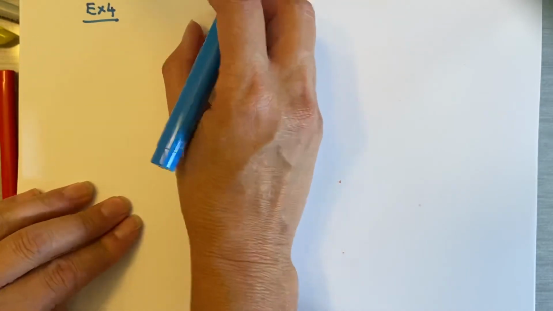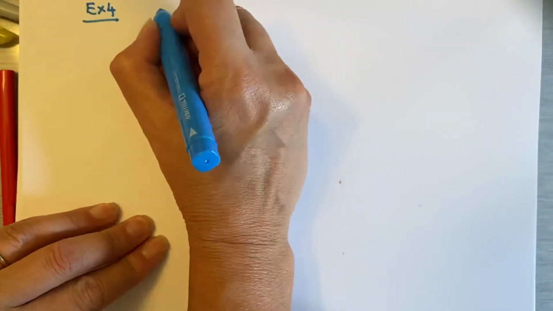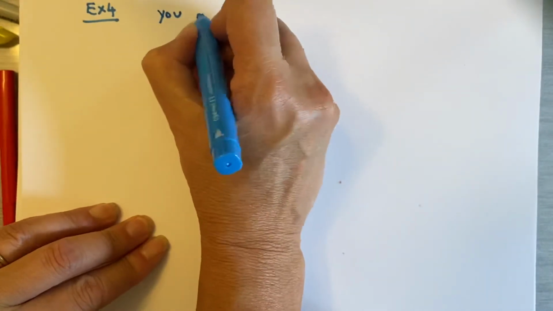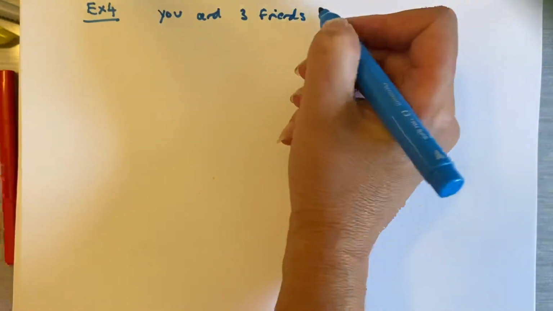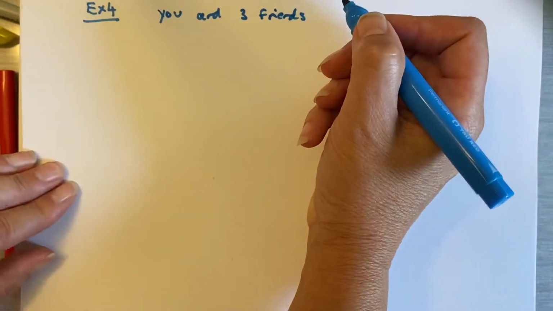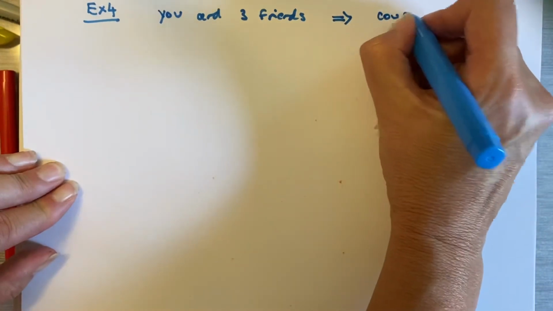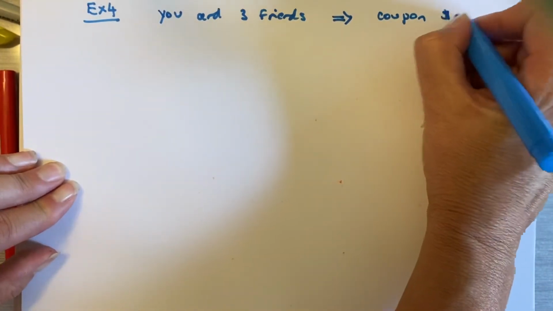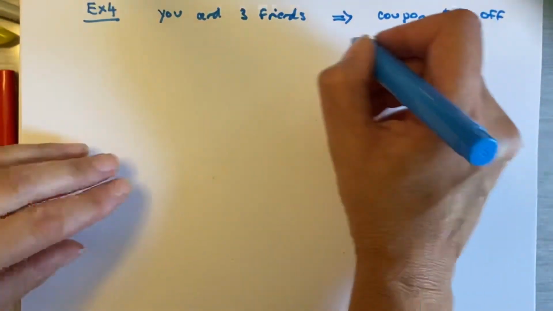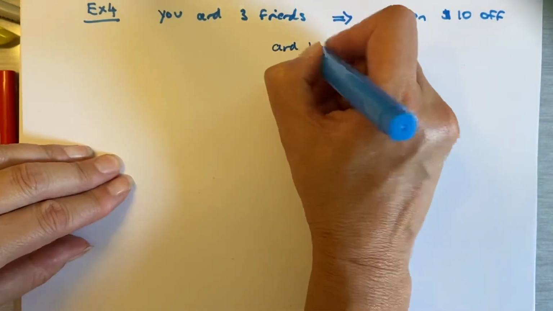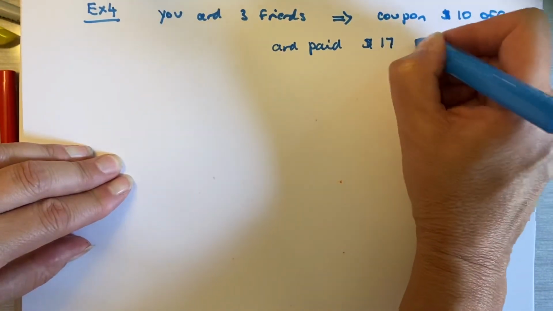So we'll start. The last time, you and 3 friends went to a mountain bike park. You had a coupon for $10 off and paid $17 for 4 tickets.